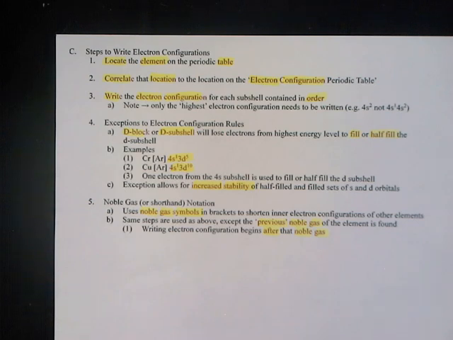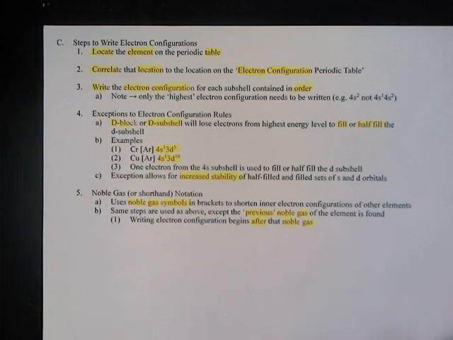The first thing we do is locate the element we're looking for on the periodic table and correlate it to the information on the table we just filled out. Then we write down the subshells in order, but we only need the last bit of information. If a box takes up the entire subshell, we'll only write the final subshell. That will make sense as we go along.